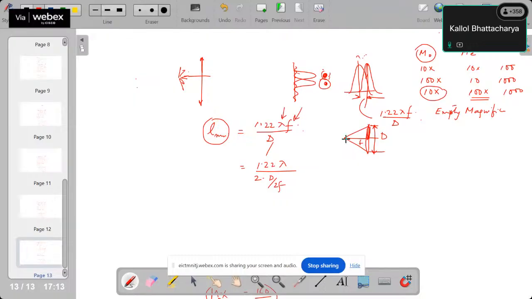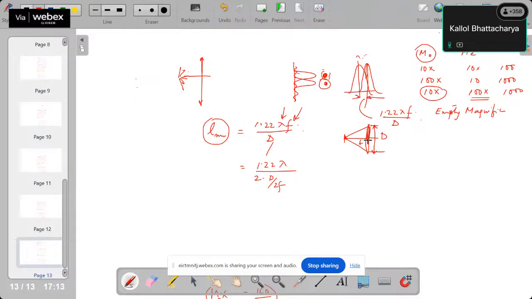Remember, we'll take the object distance to be f because for most microscope objectives, the object distance is very, very close to f. In fact, for a 40x objective, it is f plus or minus some fraction of a millimeter. For a 100x objective, it is even less.